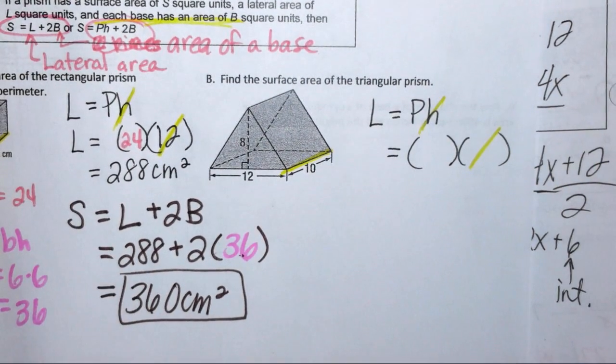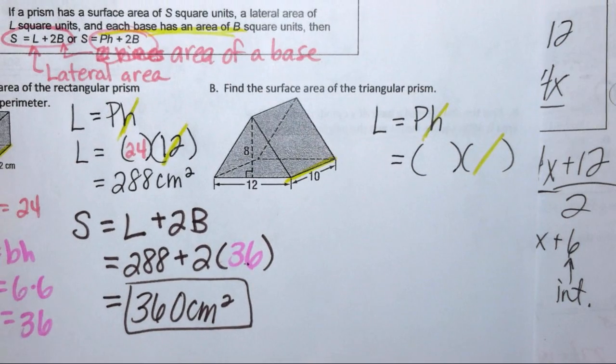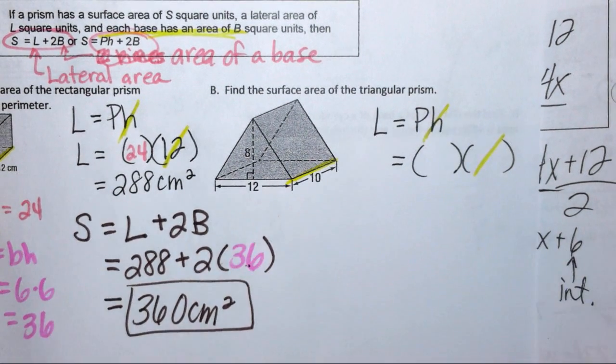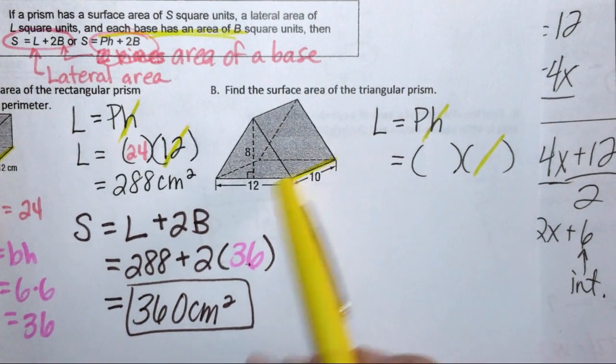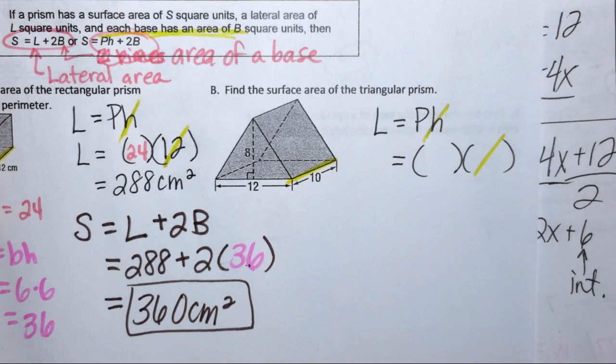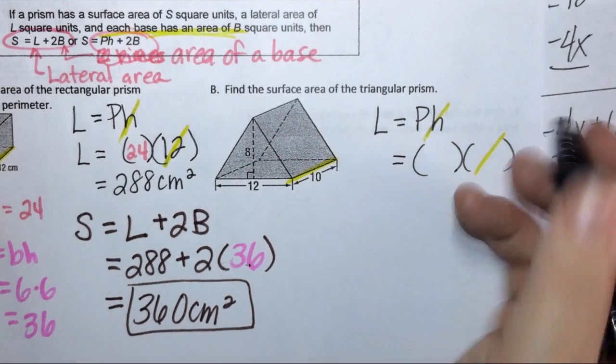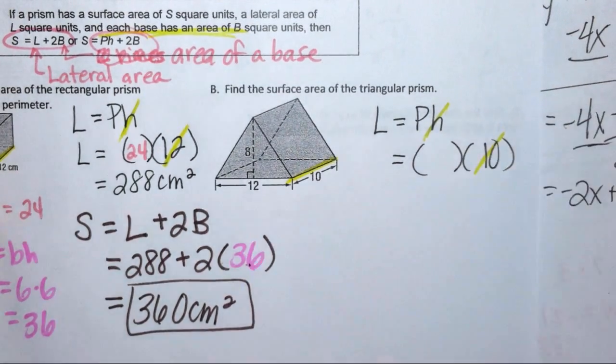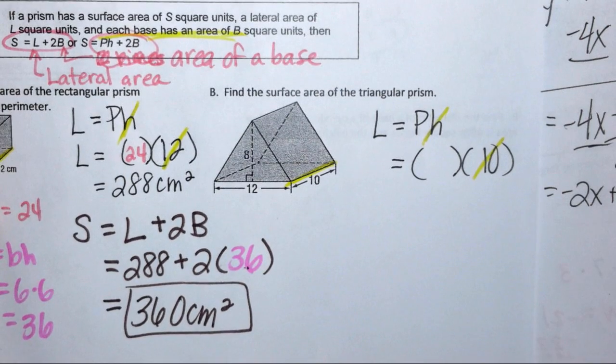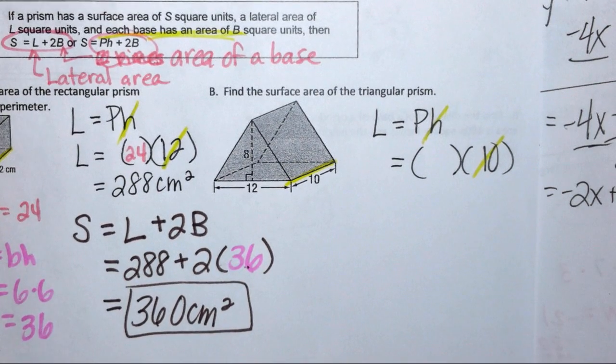We're so used to the height being 8, we forgot that we made a note to ourselves. Height in that lateral formula stands for the number connecting the 2 bases. The number connecting those 2 triangle bases is 10. So the height in this formula is 10. It's a very common mistake. I'm glad we made it.